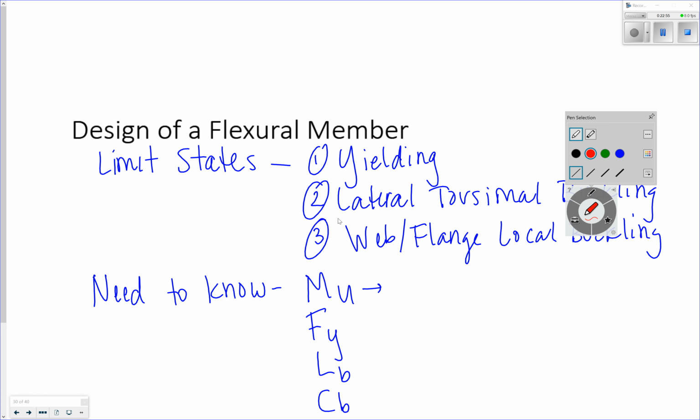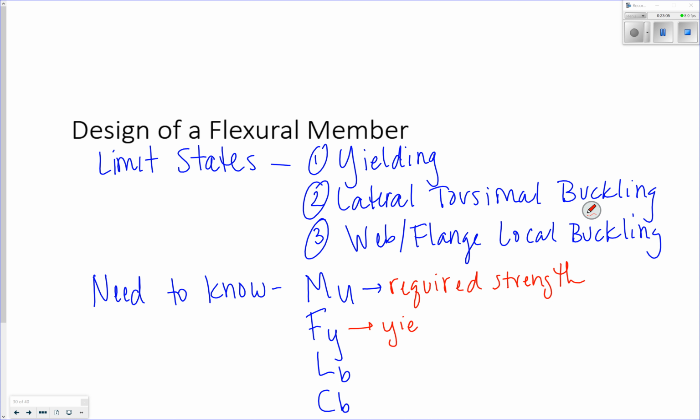Mu, that's my required strength, how much I need. This is my yield stress of the steel. Unbraced length, meaning unbraced length of the top flange, which will determine if you're in the plastic yielding section, the inelastic lateral torsional buckling, or the elastic lateral torsional buckling.